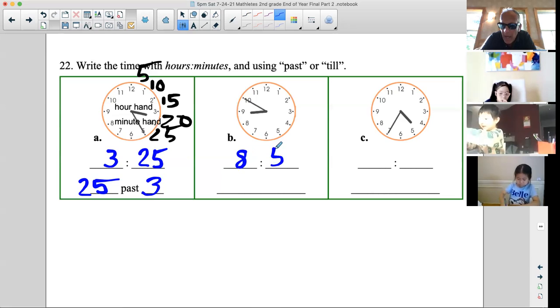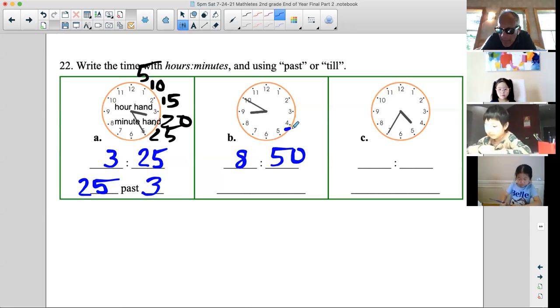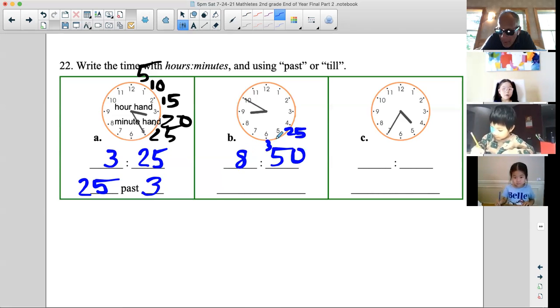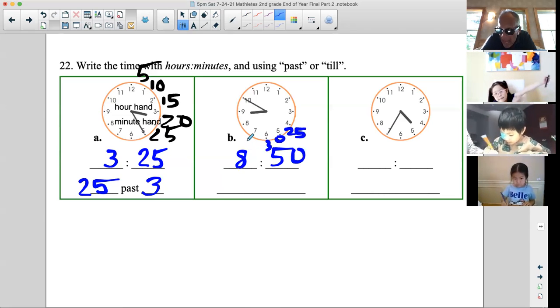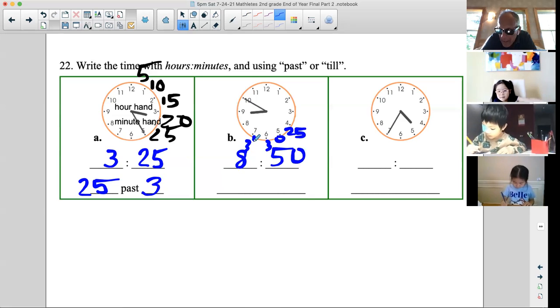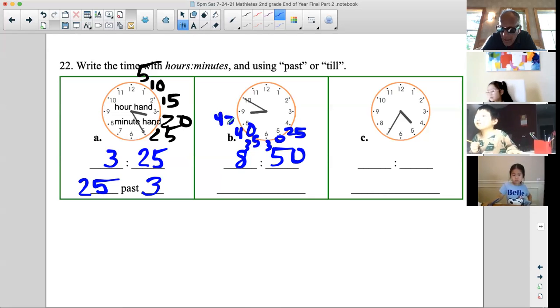Wait a minute. Are you telling me that if we started counting from 25, add 5, everybody. 30. Add 5. 35. Add 5. 40. 45. Add 5. 50. And then 55. Finally, no, we stop at 50.